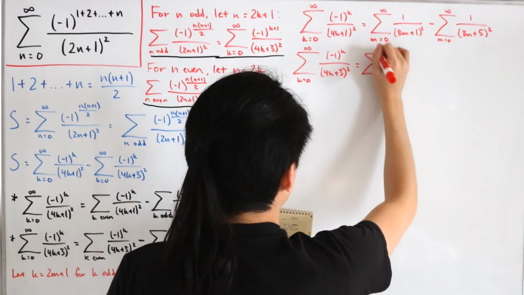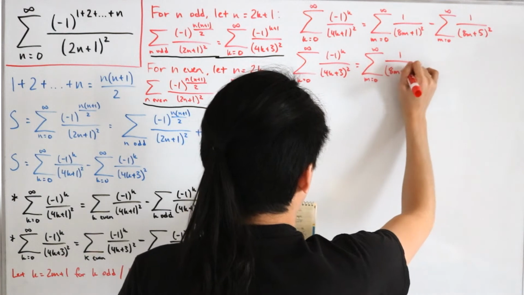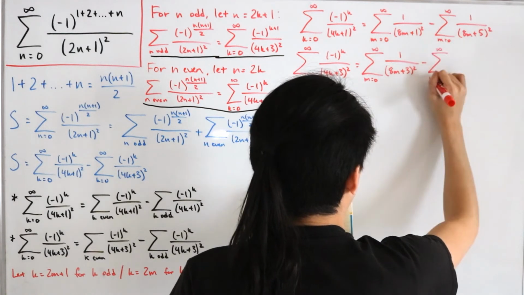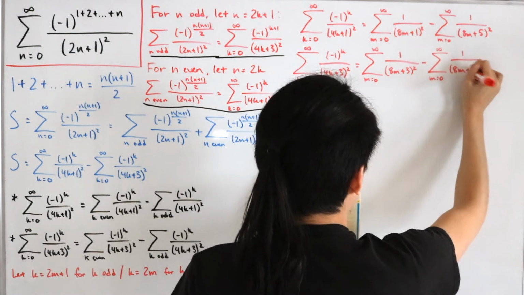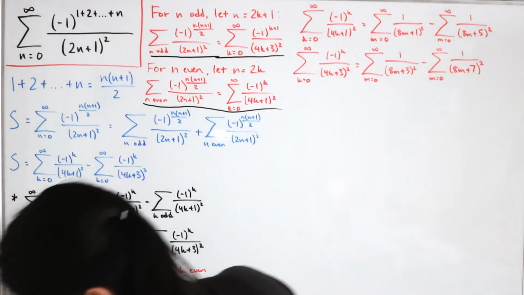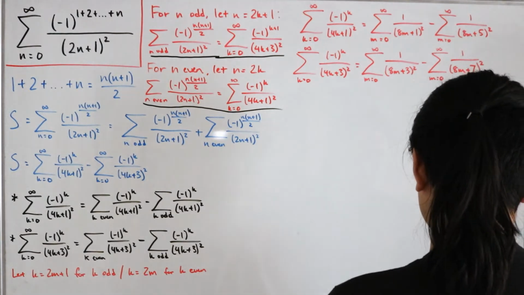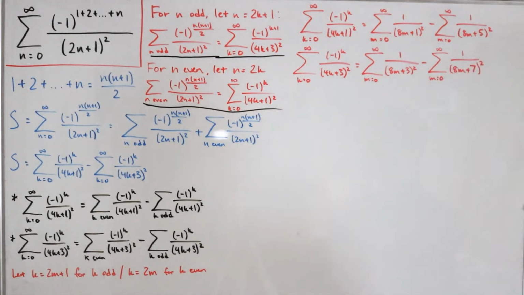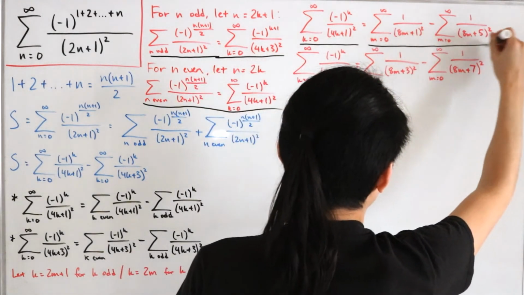Now we just plug that substitution back in. m equals 0, so now we have 1 divided by (8m+3) quantity squared, and then subtract the infinite sum, m equals 0, of 1 divided by (8m+7) quantity squared. Okay, now before we get to the evaluation, this is where we're going to use some special formulas to help evaluate these sums, specifically with these new substitutions. Before I do that, let me underline what our new substitution is, for these two sums over here.